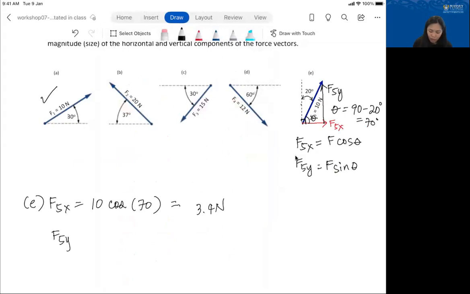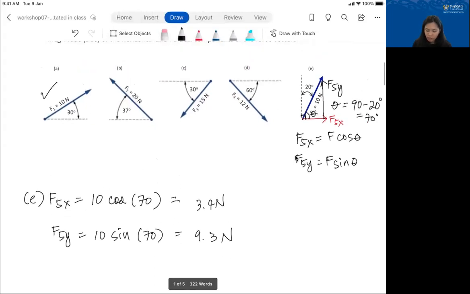And for the y component, you have 10 sine 70 degrees, 9.3 newtons. Yes, the angle will be 70 degrees. That's right, 1e.